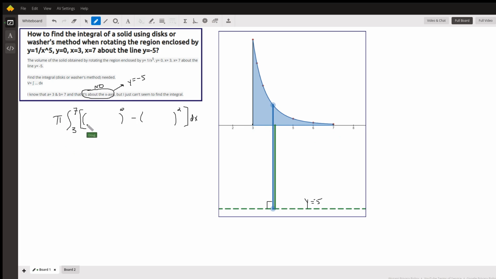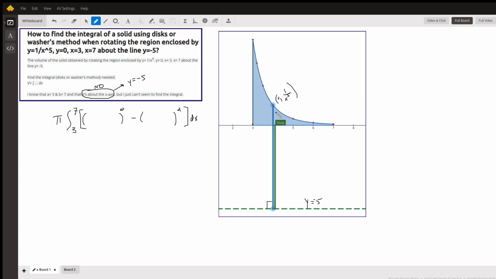And what we want to do is have an expression for the outer radius, square it, minus the inner radius, square it. So this blue strip is a typical outer radius. It's the distance from the axis of revolution to some point on the curve. And this point here, for each x, is 1 over x to the fifth.